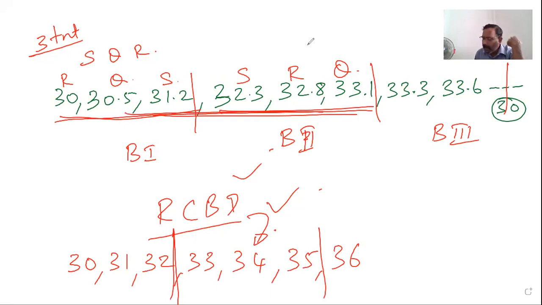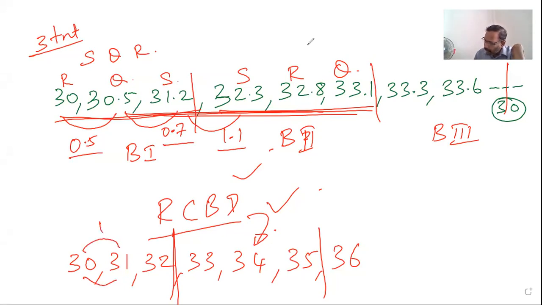Not really, because the difference between here is 0.5. Difference between here is 0.7. Difference between here is 1.1. You see, these differences are not uniform. Here, what about differences? Let's say this difference is 1, this difference is 1, this difference is 1, this difference is 1, this difference is 1, this difference is 1.